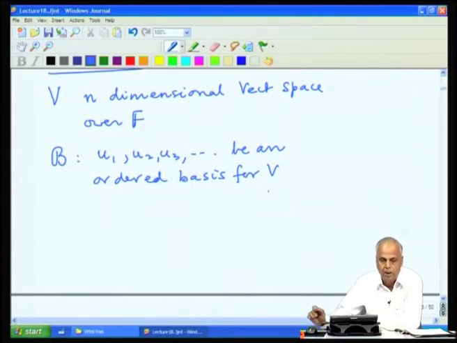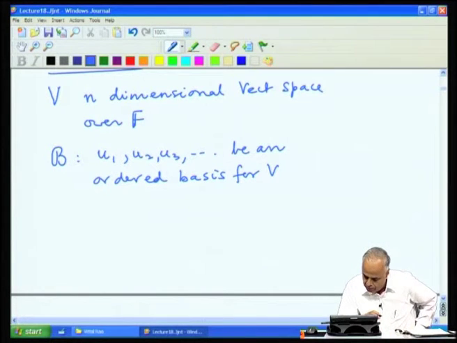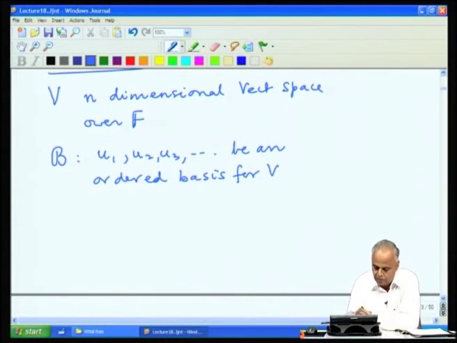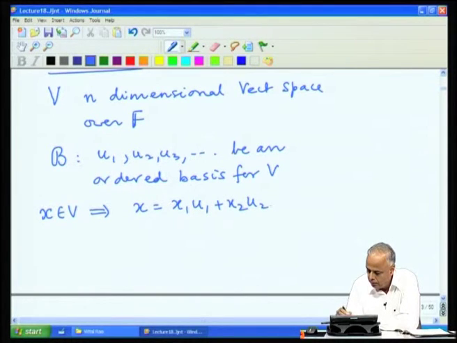So, once we have an ordered basis for V, we knew that any vector x can be expressed as a linear combination of the basis vectors. So, x belongs to V implies x is equal to x1 u1 plus x2 u2 plus xn un.